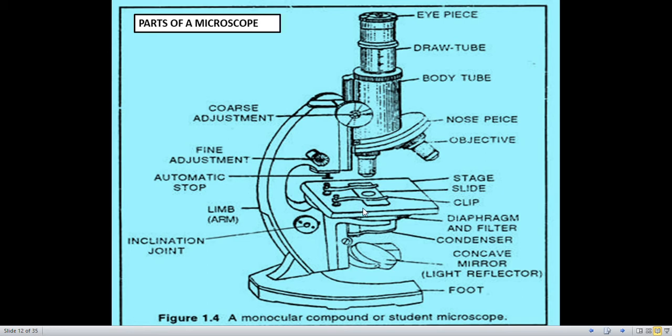And there is a part called diaphragm. It controls the amount of light obtained by the specimen. And there is a mirror, maybe a concave or a plane mirror, that focuses light onto the diaphragm. And there is a part called base. It is used to keep the microscope on the supporting surface steadily.